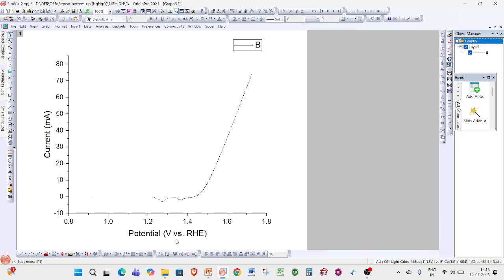So we need to put in the standard electrode potential of the particular reference electrode, and we need to put in the exact pH when we convert into the RHE scale. I hope you all understand how to convert the potential of complete LSV data measured using different reference electrodes into the RHE scale.